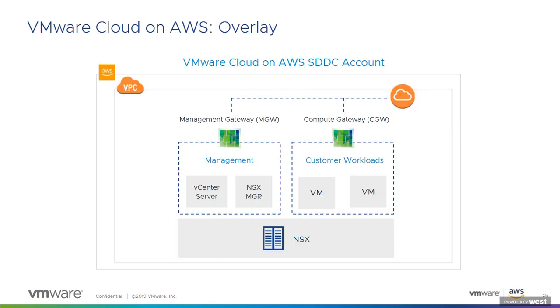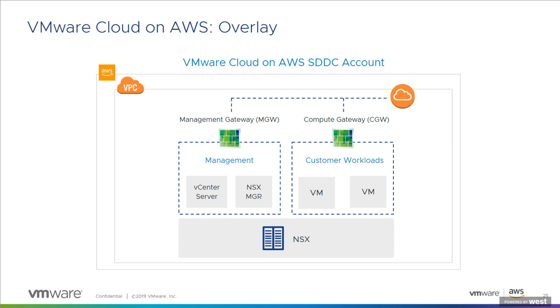So a key thing to remember with VMware Cloud on AWS is that while it does utilize AWS VPC, it also has what we call a network overlay, and this is what we use NSX for. You can have access to things like the management network and other networks that your workloads potentially reside on.